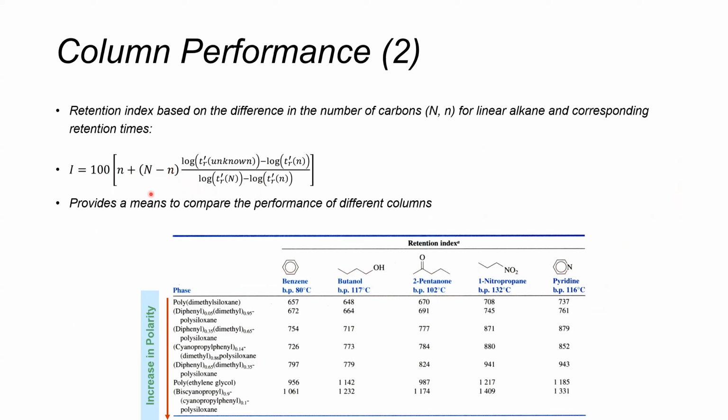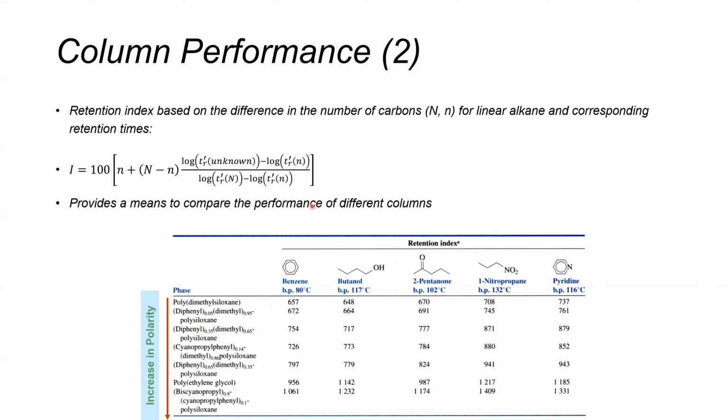So it's the difference between the number of carbons, times log of the corrected retention time of the unknown minus log of the corrected retention time for the smaller n, the smaller number of carbons, and then all over log of the corrected retention time for capital N minus log of the corrected retention time for small n.